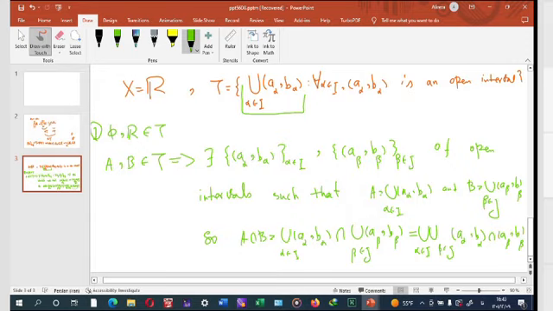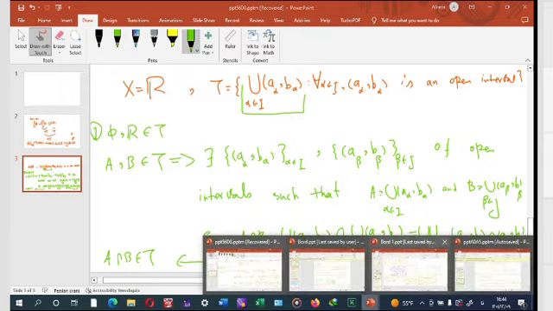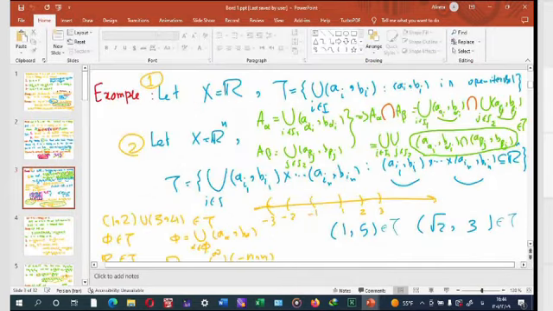This is an interval or the empty set, so this is a union of open intervals, so this must belong to tau again. For any two elements of tau, such as this and this, their intersection must belong to tau, and we write this for you in this place.